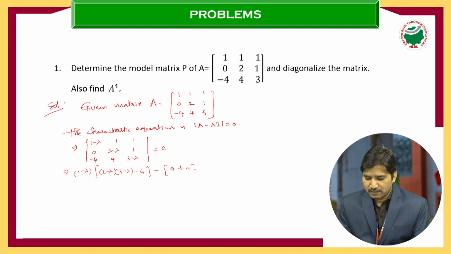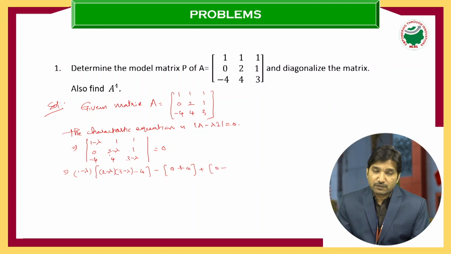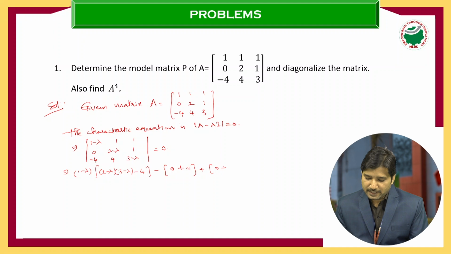Again plus 1 into, with last row, last column eliminated, applying AD minus BC, 0 into 4 is 0 minus 4 into 2 minus lambda, minus minus plus 4 into 2 minus lambda, equal to 0.